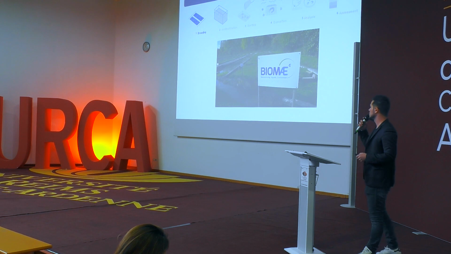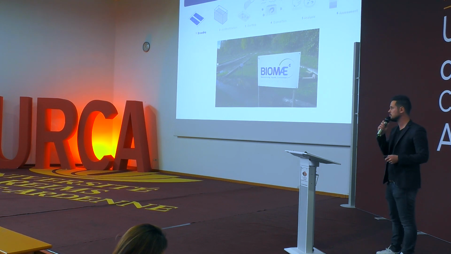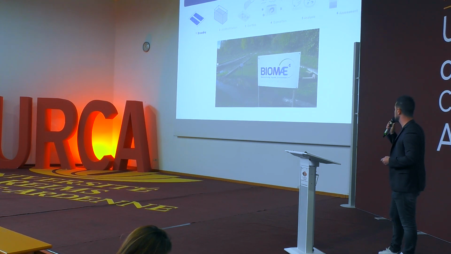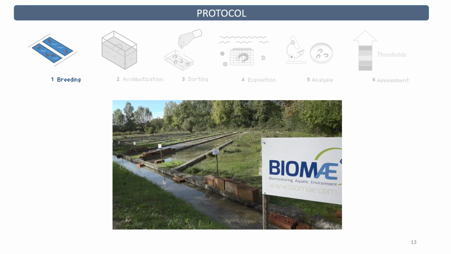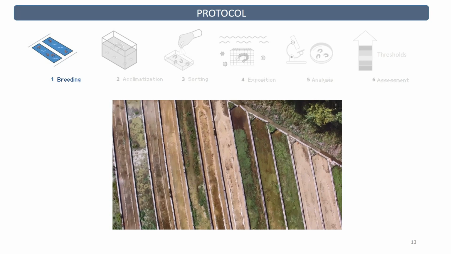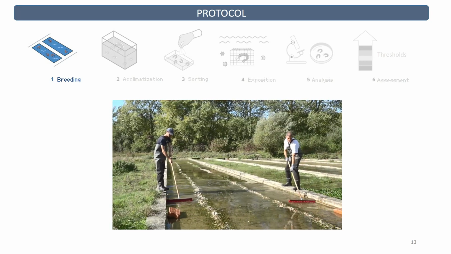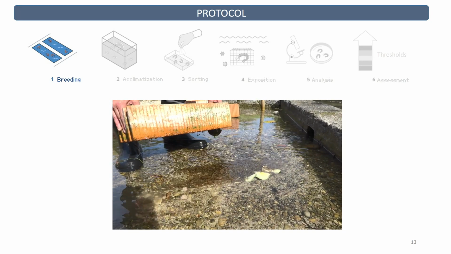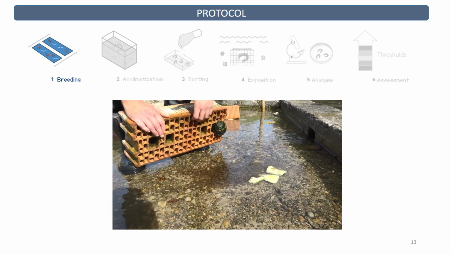So, our protocol. There are different steps. The first step is the breeding of gammarus. So, we have some breeding ponds where we produce the small crustacean.